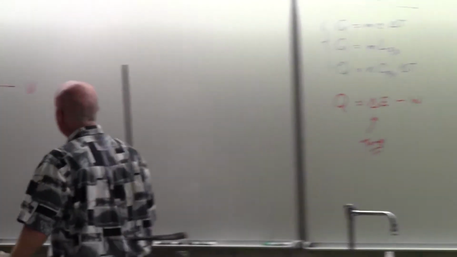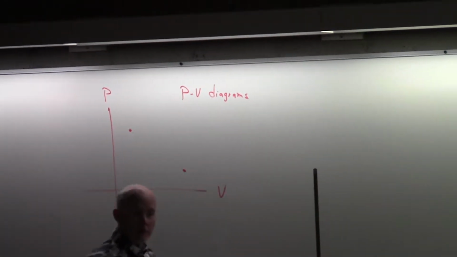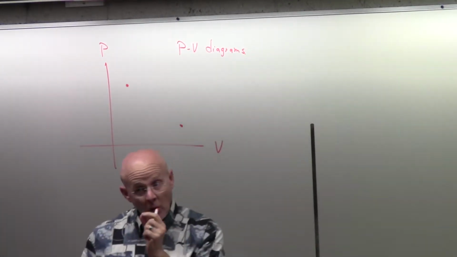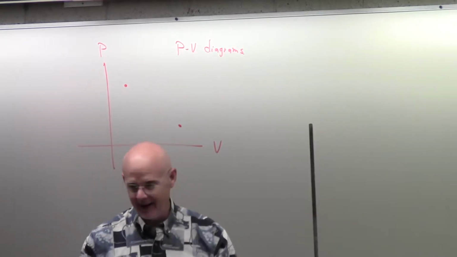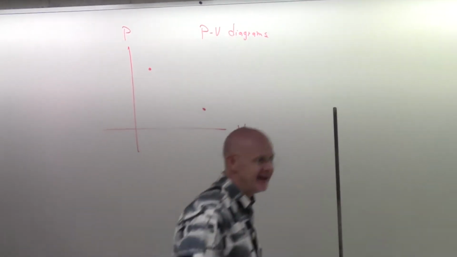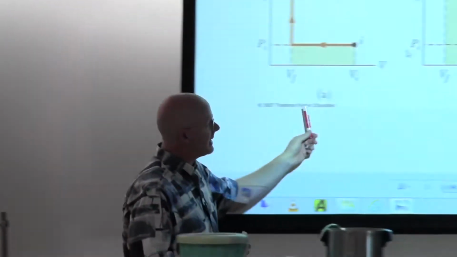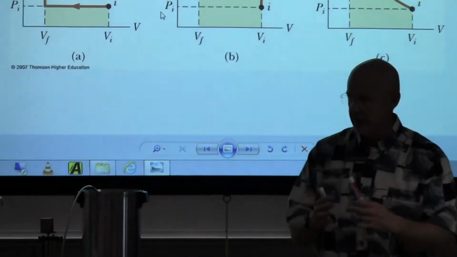We are going to say that if you start here and you finish here, the work is the area under the curve. So the question is, how did it get there? And so hopefully you can see that these are three examples that it got there differently.